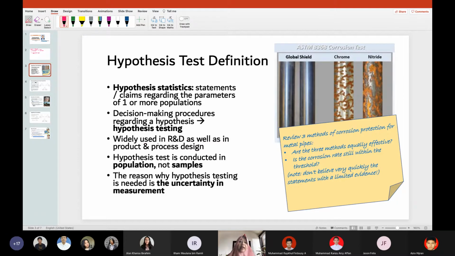Okay, and the hypothesis test is conducted on populations and not on samples. Why we have to do hypothesis testing is because of the uncertainty in the measurement.